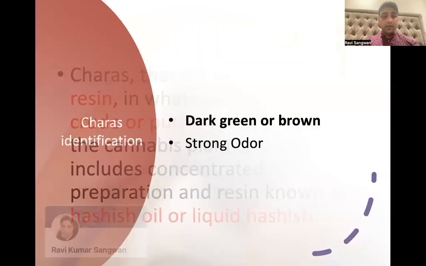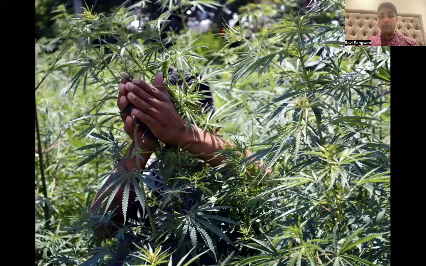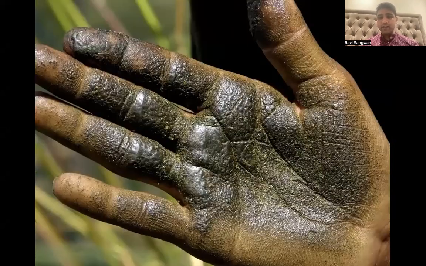Okay, and this is charas identification. If you want to identify charas physically, you can see easily that it's dark green or brown and has a strong odor. Mostly young students, or people who are fascinated by this plant, scrub their hands on this plant and extract charas from it, using their hands by putting an oil layer on them.